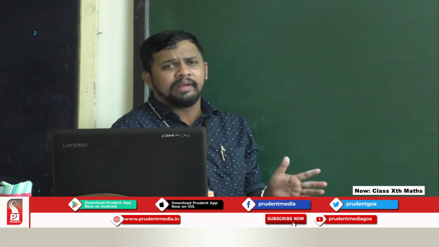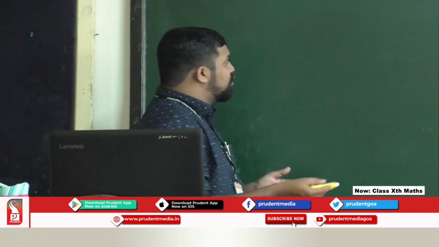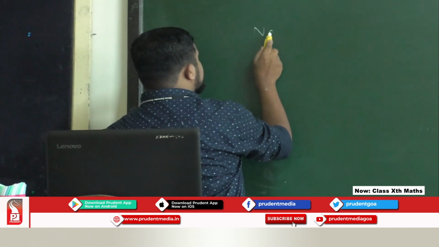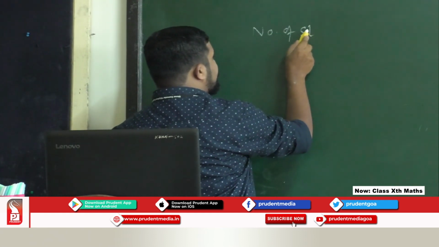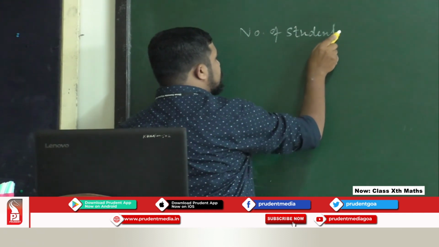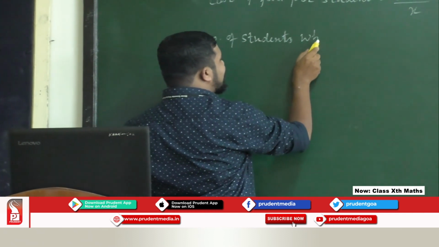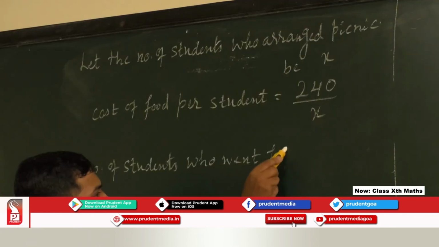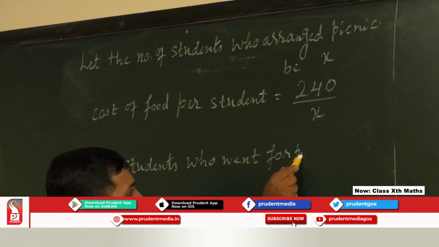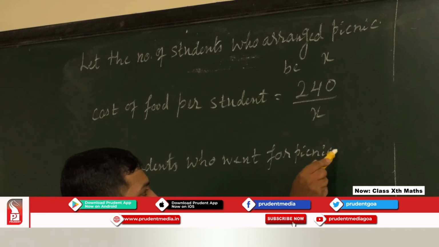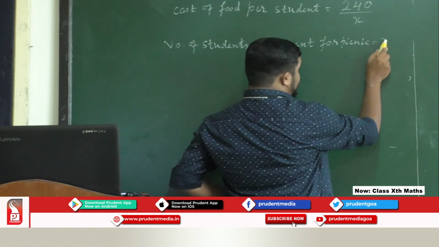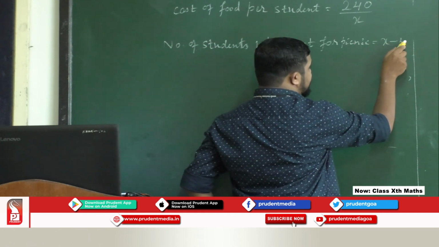So the number of students who went for the picnic now: earlier how many were going? x. Now 4 are less, so x minus 4.